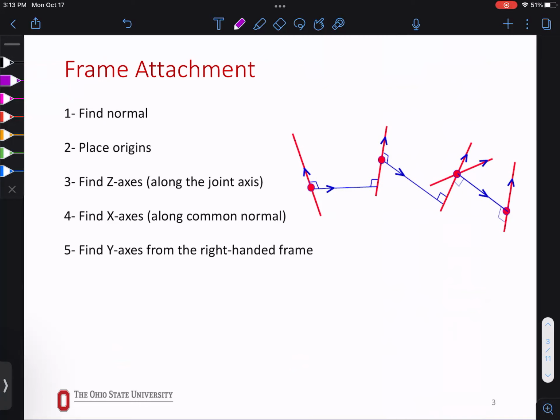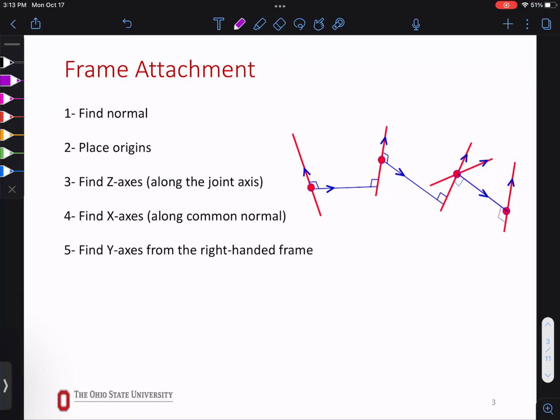It could be in the direction of that arrow, or sometimes it might be in the other direction. We'll talk about it there. So we lay all those normals. That will be our x. So once you have your x and z, you can find y from right-hand rule. You actually don't need to know where y is because you don't use it, but if you wanted to show, right-hand rule, x, y, and z, right?